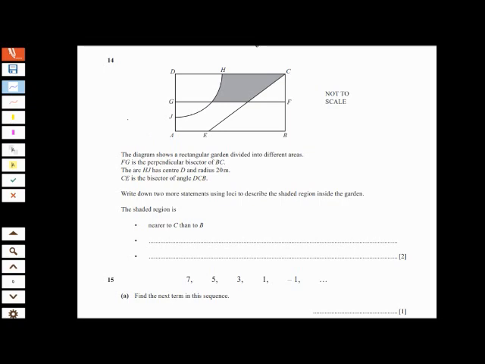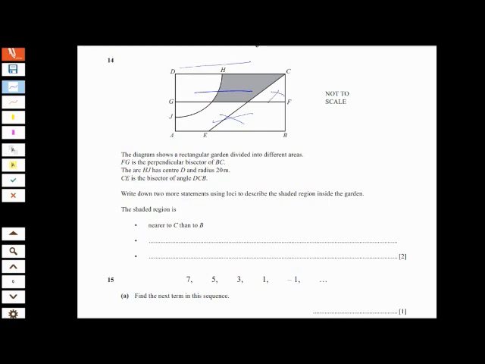Nearer to C than to B, that means that the shaded region is in this side, not in this side. Alright, now how to describe it in more detail. Nearer to DC than to CB, in order to say that this is not included as well.